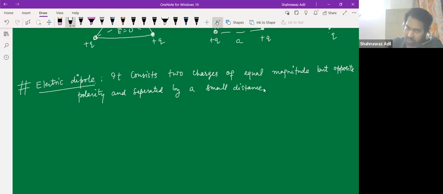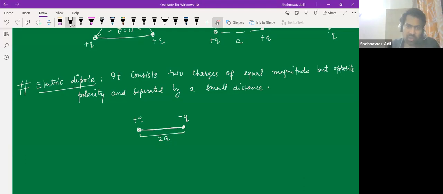So we have these two charges. They have plus Q, and this is also Q, but this has an opposite polarity. This is minus Q, and they are separated by some distance. For easy calculation, let us suppose that this is 2A.